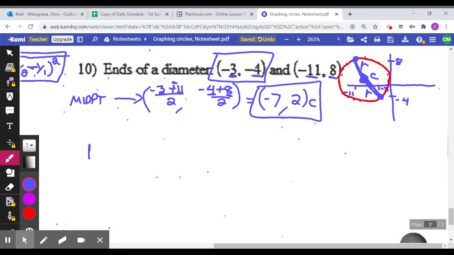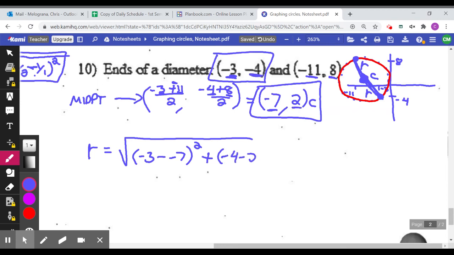So the radius, if I'm using the distance formula, I'm going to subtract the x values, which will be, let's see here, if I start with this -3, it's going to be -3 minus this -7 squared, plus the difference of the y values, which is going to be -4 minus this 2, and then that's squared.